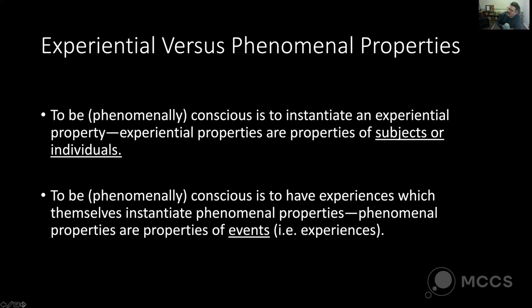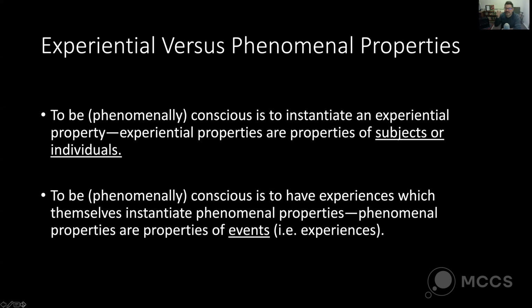What is it to have an event? Well, that's a difficult question, but you might think of it as being the agent of the event. So if I raise my arm, there's an event of a raising of an arm, and I am the agent of that event. And then there are certain properties of that event, for example, that it took place in Canberra, and the phenomenal properties here are thought of as like that.